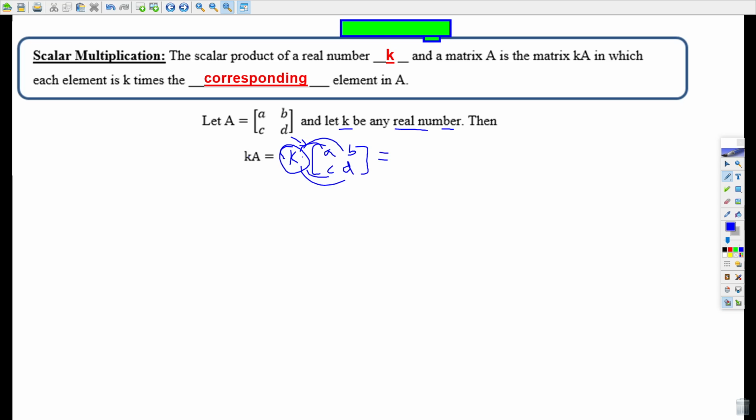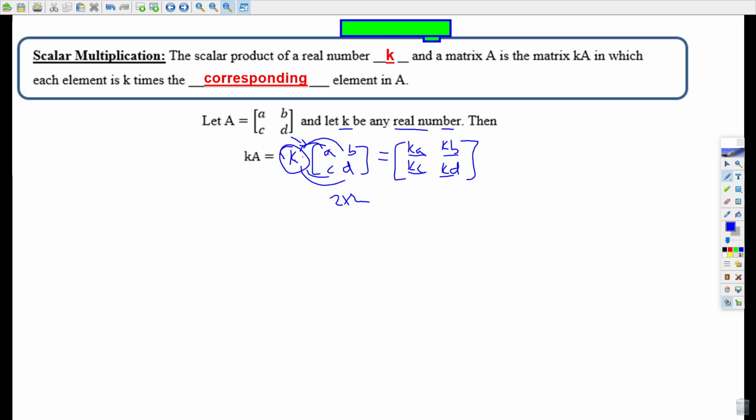So as a final answer, it stays a 2 by 2, just like it always has been. So we would do k times a, k times b, k times c, and k times d.